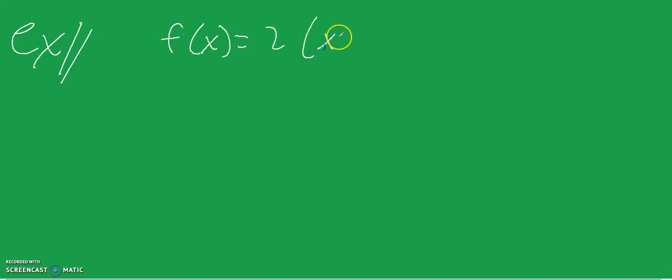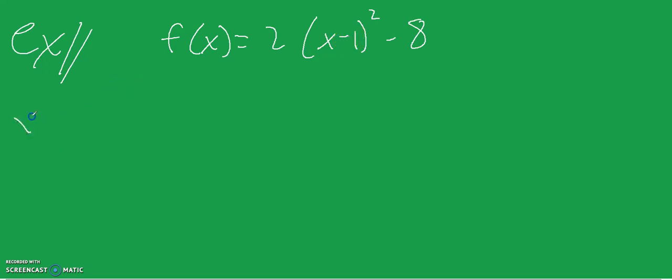For this next example, let's look at the function f of x equals 2 times x minus 1 squared minus 8. Now this is what's known as the standard form. It's kind of pesky and annoying to deal with, but we're going to get through it.